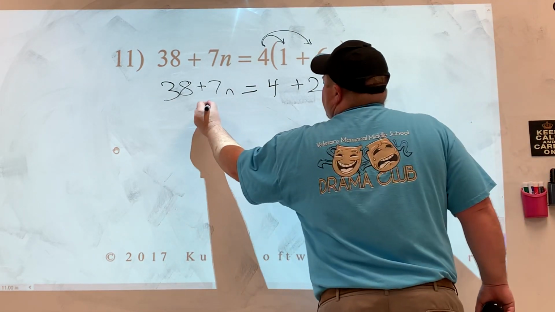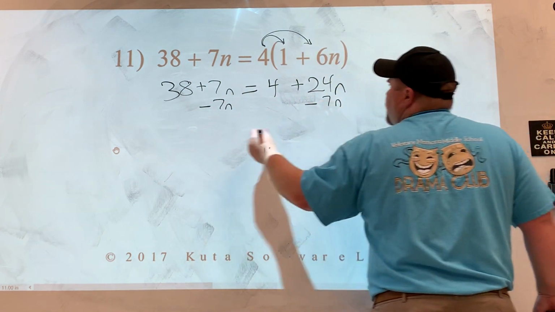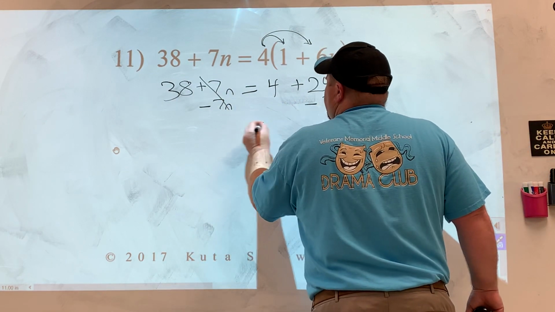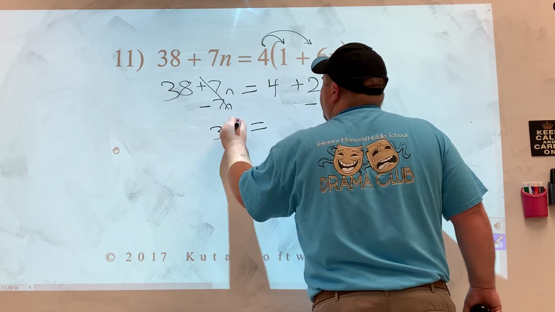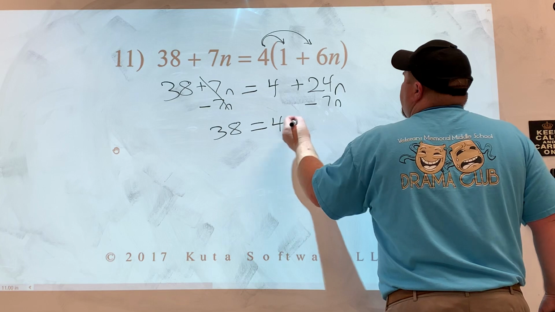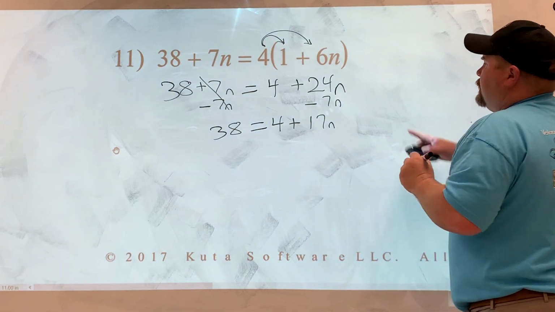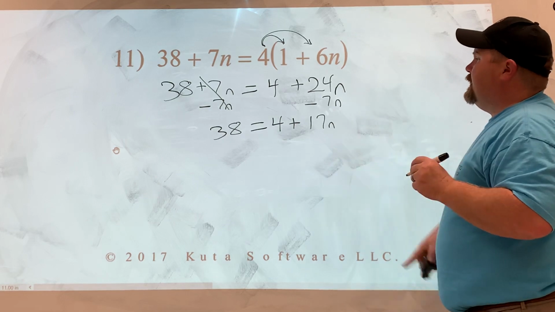I'm going to do what's easier for me, which is to subtract 7n from both sides. It does cancel. On the left, I'm left with 38. On the right, I've got 4 plus 17n. Goes 24 minus 7, 17.